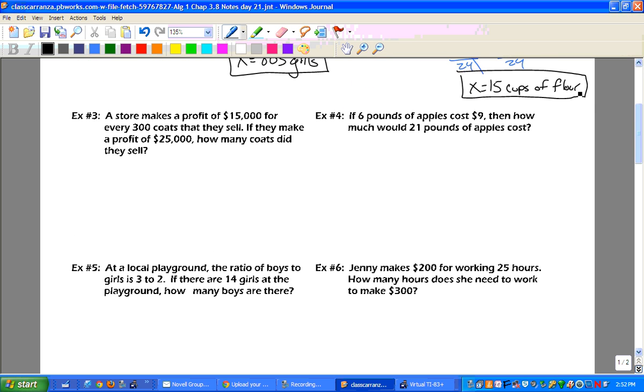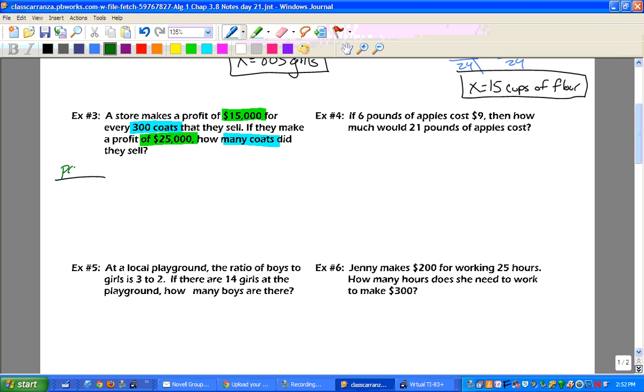All right, number 3. It says a store makes a profit of $1,500 for every 300 coats they sell. If they make a profit of $2,500, how many coats?